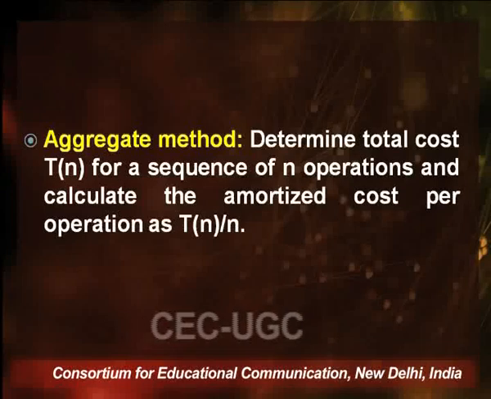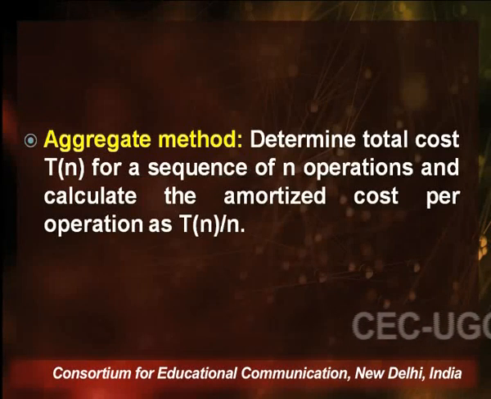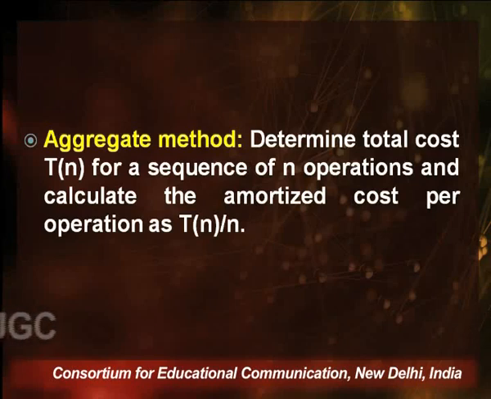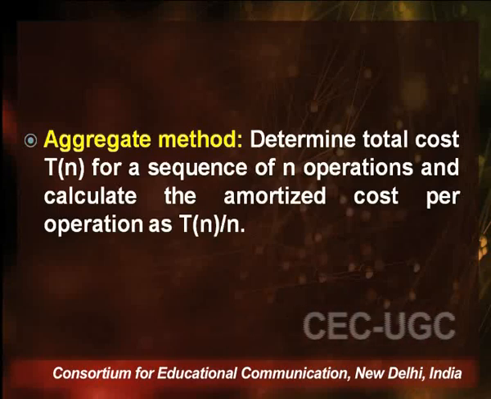Within the aggregate method, we need to determine the total cost T(n) for a sequence of n operations, and we calculate the amortized cost per operation as the average cost, which is T(n) divided by n. In contrast to the aggregate method, we have two other methods: the accounting method and the potential method. The accounting method assigns costs to each operation while overcharging some and undercharging others.